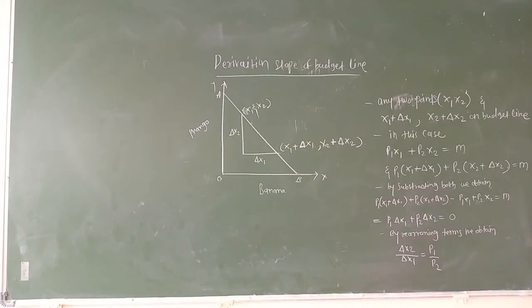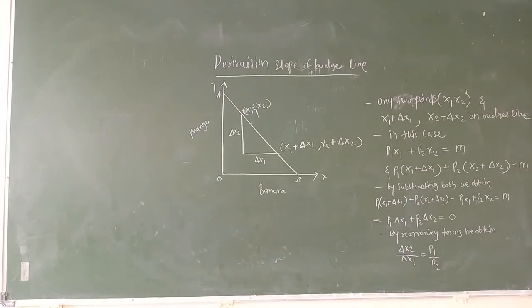So students, this is all about the derivation of the slope of the budget line. Hope all of you understood this concept. The budget line consists of all the bundles which cost exactly equal to the consumer's income, and we explained this with the help of an example and diagram also.